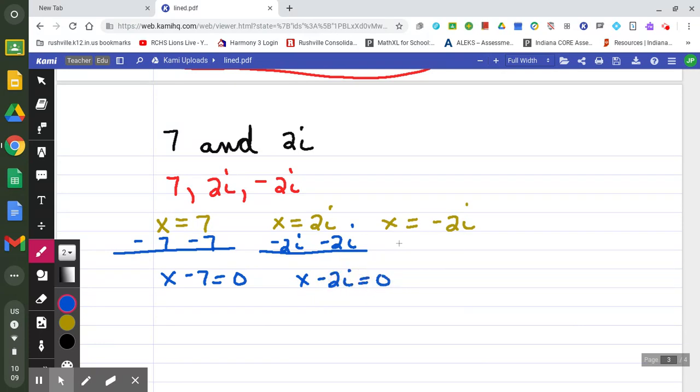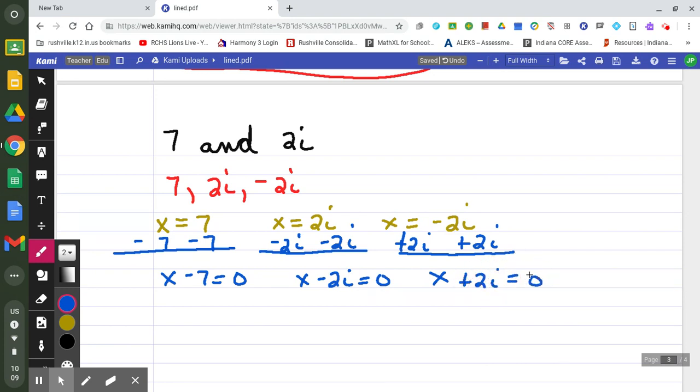And here we have to do plus 2i on both sides of the equal sign. So we have x plus 2i equals 0.